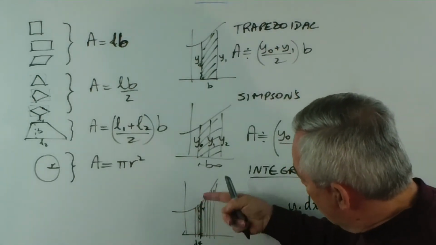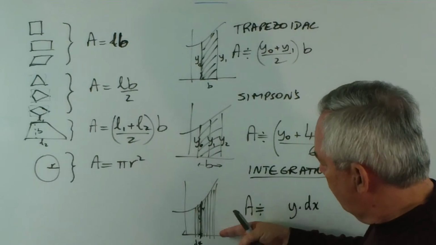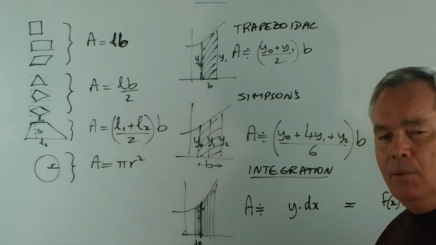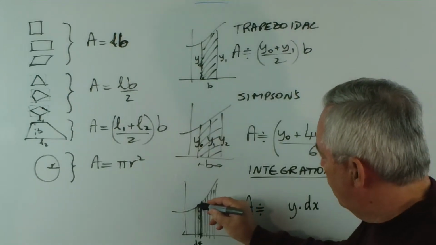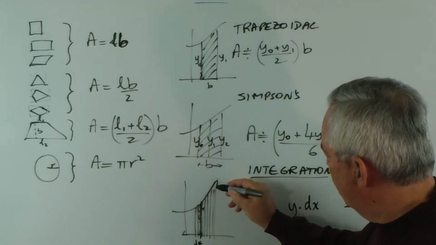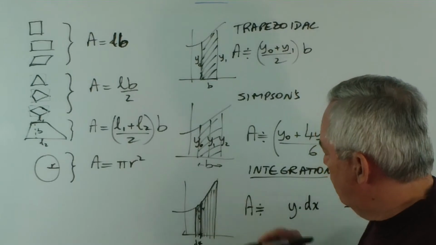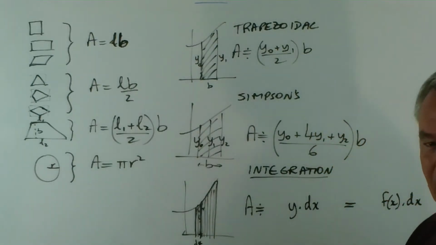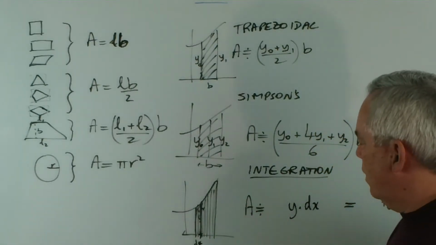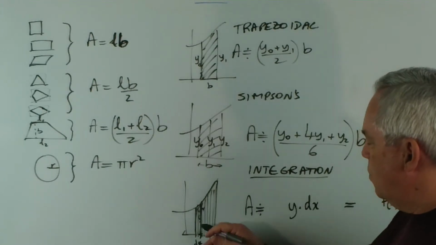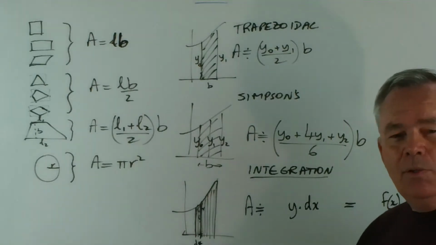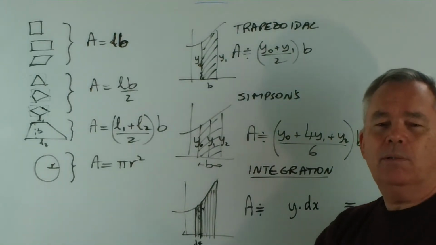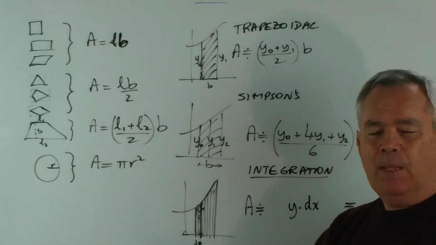And if we add up all these strips, the theory is that we get a value for the area under this curve, and there are things called limits involved and so on, but the basic concept is we add up all of these little rectangles. Now, to add them up, we use an old-fashioned English S.